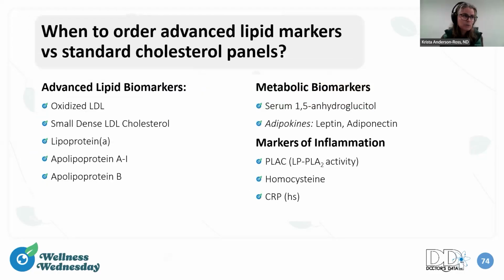So we use the advanced lipid markers when standard lipid panels don't explain the risk, especially in patients with family history, or metabolic syndrome, or insulin resistance, or persistent inflammation.